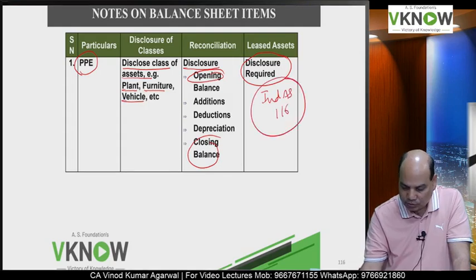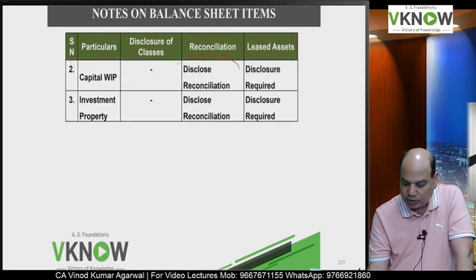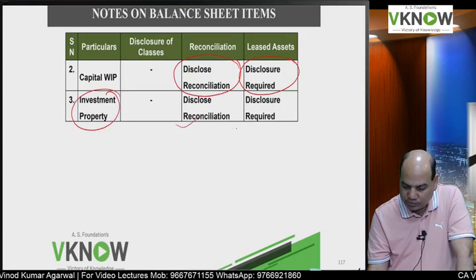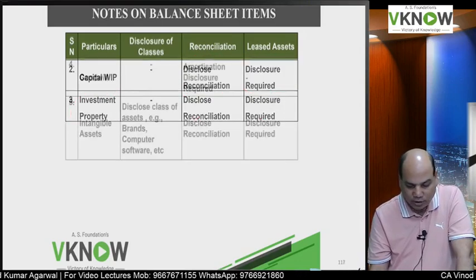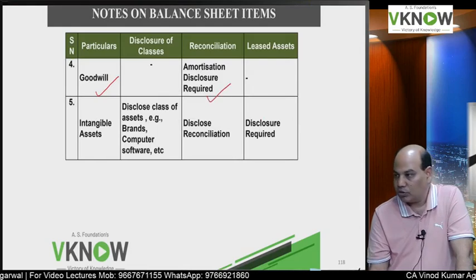Refer Ind AS 116. For capital WIP, you have to give a reconciliation from opening to closing, and the same thing for leased asset also. Investment property, same disclosures are required. Goodwill, you have to give disclosure relating to amortization.